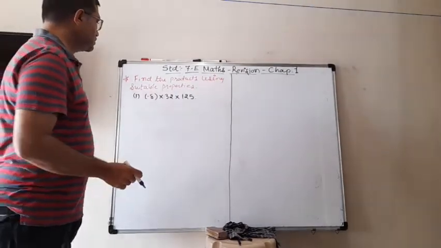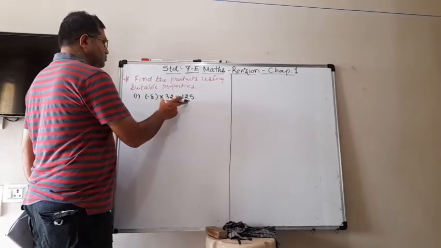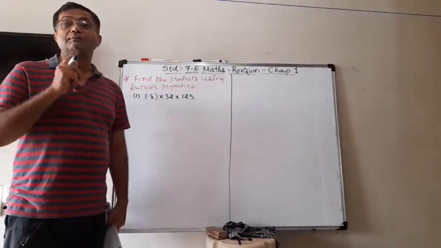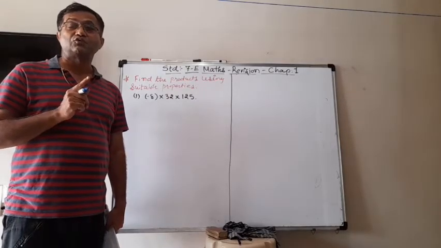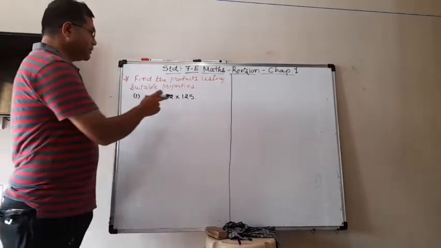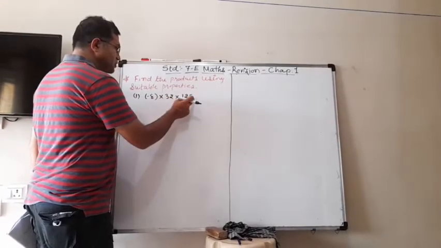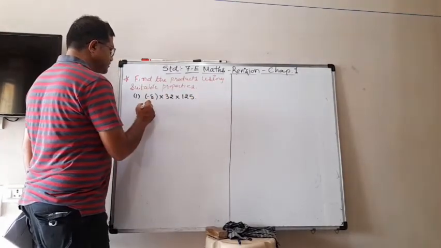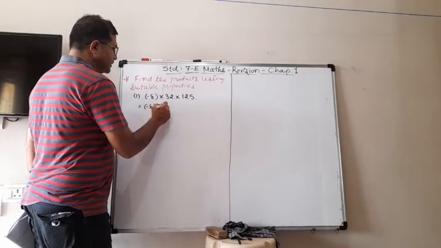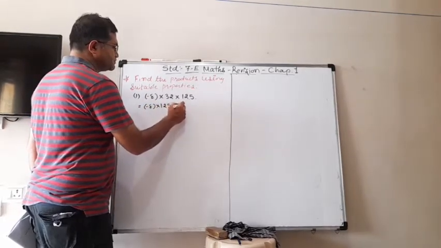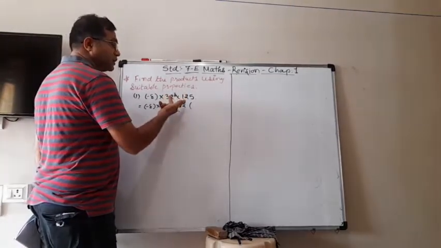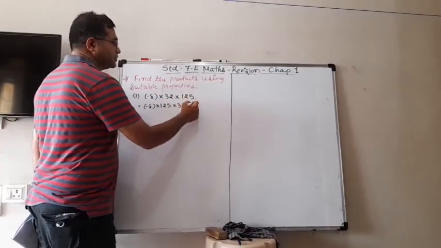Now you should know that 125 multiplied by 8 will be 1000. So we can keep them together. We will move this 125 here and 32 here. So minus 8 multiplied by 125 multiplied by 32. Here we use the property of commutativity.